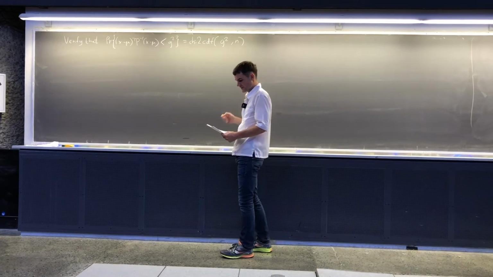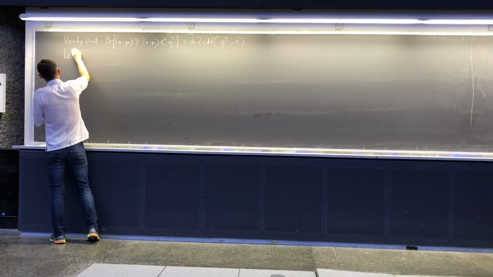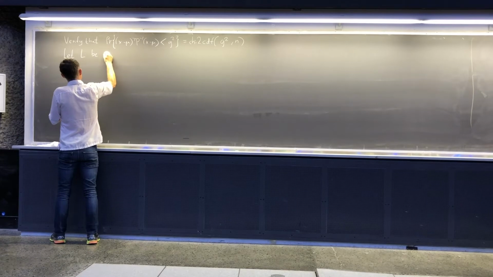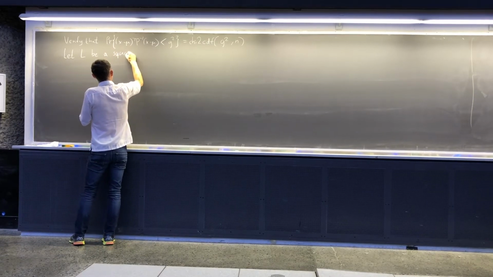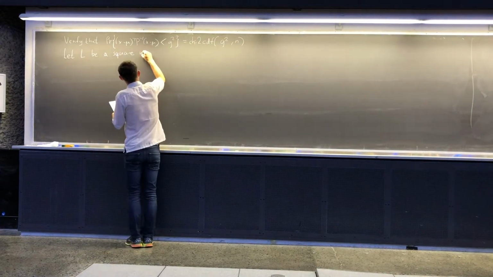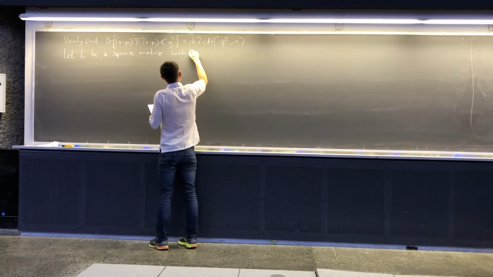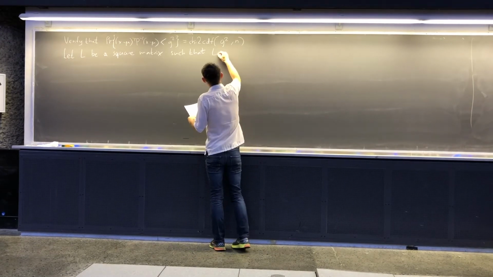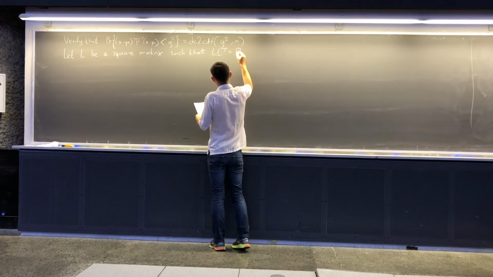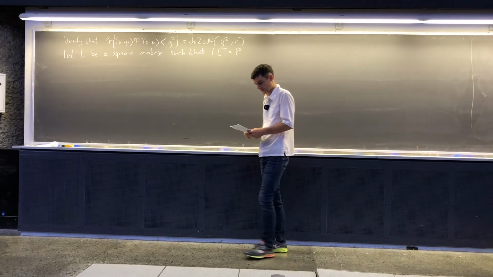To get there, I'm going to start by defining some matrix L, a square matrix, so that L times L transpose equals P. So this is basically some kind of square root of the covariance matrix.